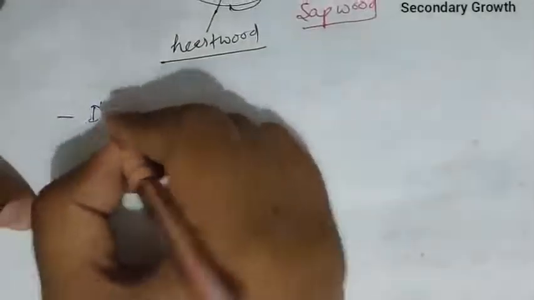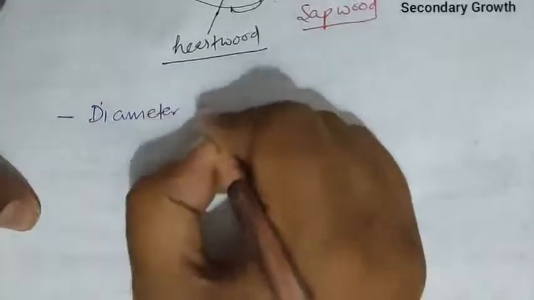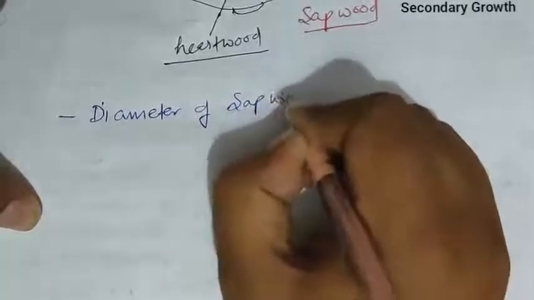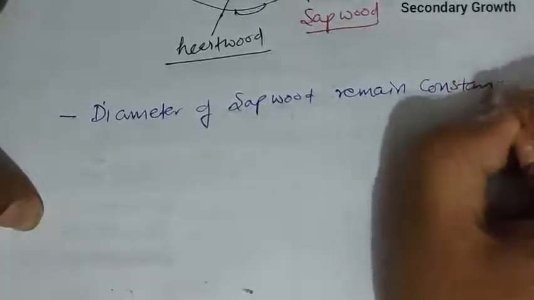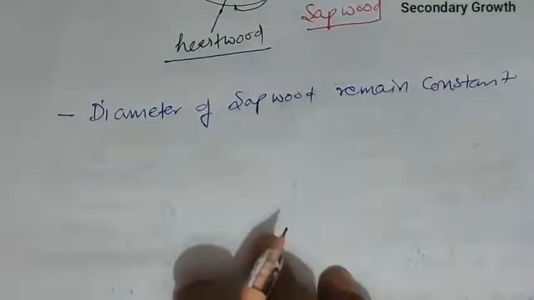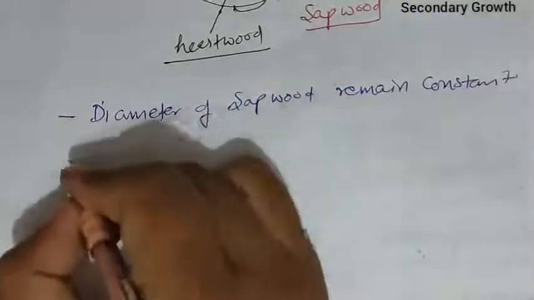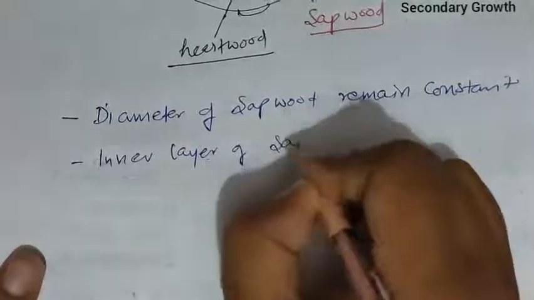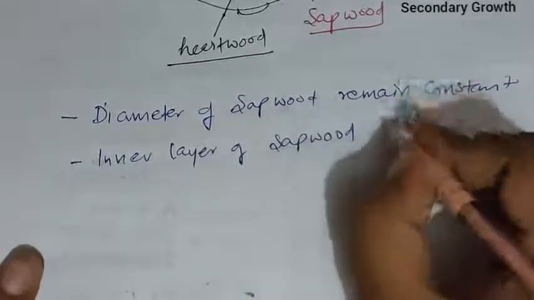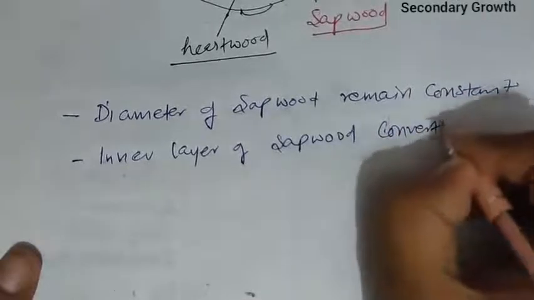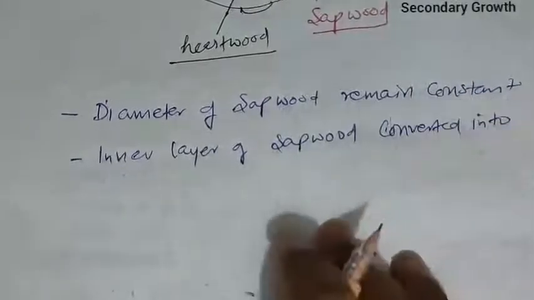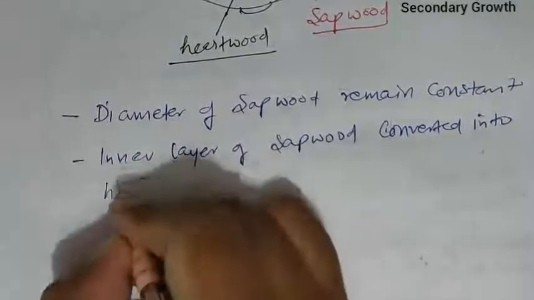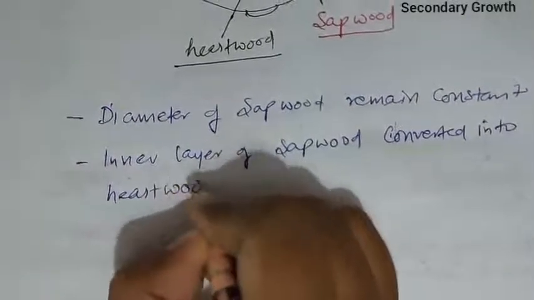Now note down some of the important points. The diameter of sapwood remains constant because the inner layer of sapwood is converted into heartwood.